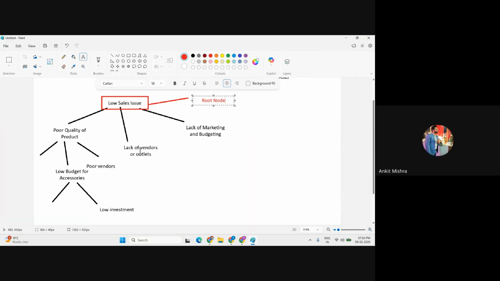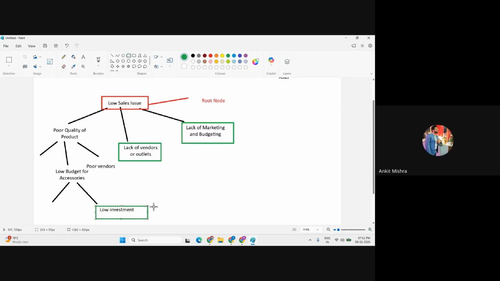Now, whenever you are getting the final answer, where we are not getting any further bifurcation, it's called the leaf node. Okay, that one is your leaf node. Let me give this a green color. That one is your leaf node. This one is also your leaf node. If you're getting the final answer, that one is your leaf node.